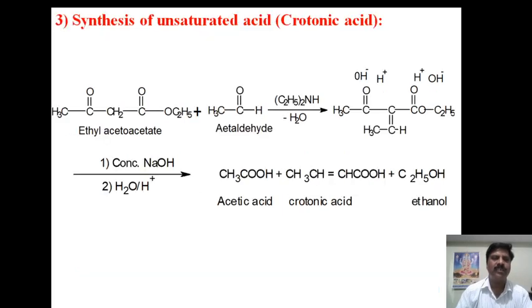Next, the third synthetic application, synthesis of unsaturated acid, also called crotonic acid. When ethyl acetoacetate reacts with acetaldehyde in presence of a secondary amine, diethylamine, as a base, it forms this addition product. This is further hydrolyzed by heating with concentrated sodium hydroxide followed by acid hydrolysis, and fragmentation takes place.